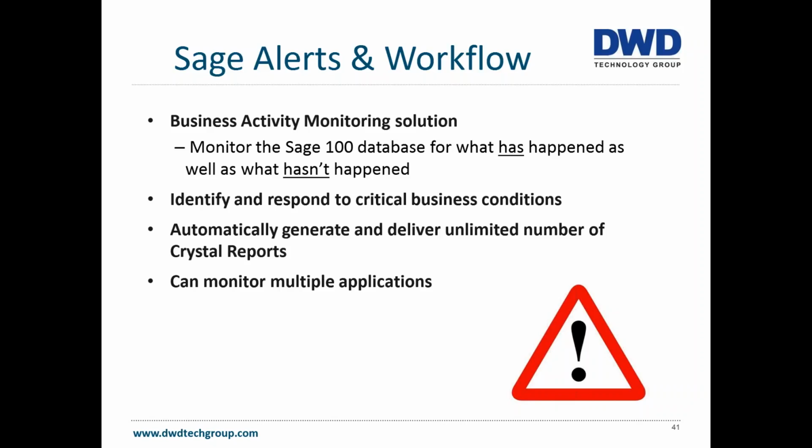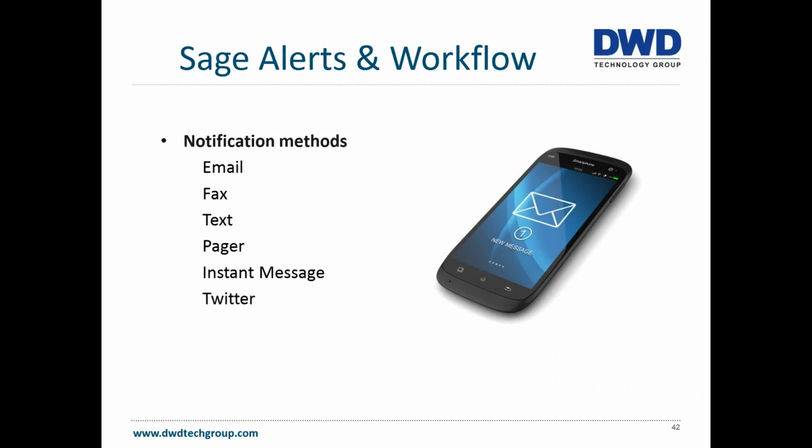We can set up basically any type of report on a schedule with this tool and send it to a single person, to multiple people, okay? We have a lot of different options when it comes to how we alert people of different events. We can do email like we've just talked about, faxing, and yes, there are some places out there that still do faxing.